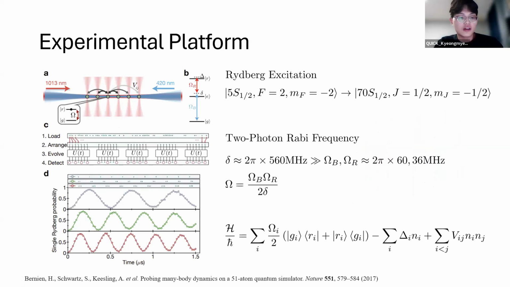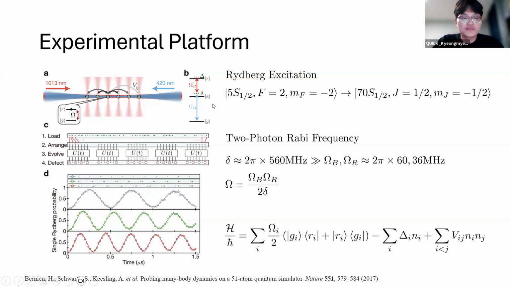The coherent interactions V_ij between the atoms, which are the arrows you see here, are enabled by exciting them to the Rydberg state using horizontal blue and red beams with strength omega and detuning delta.